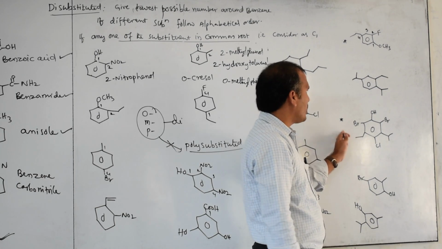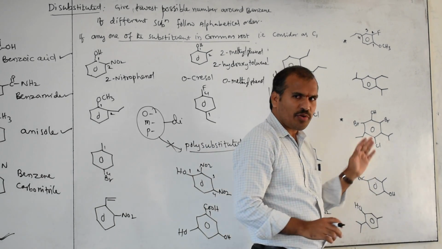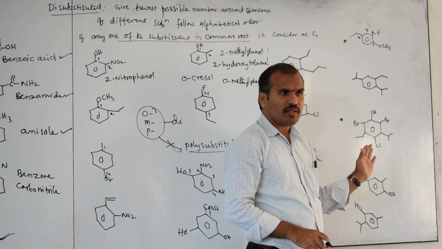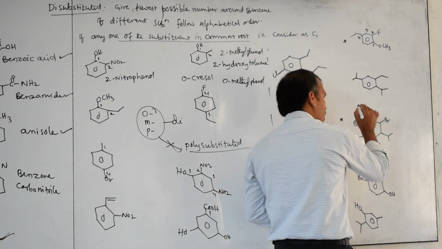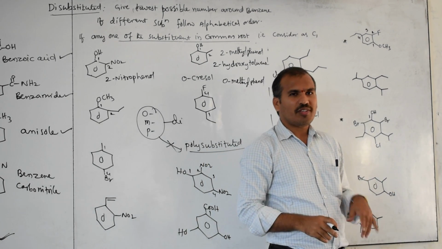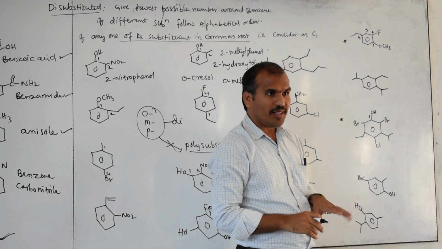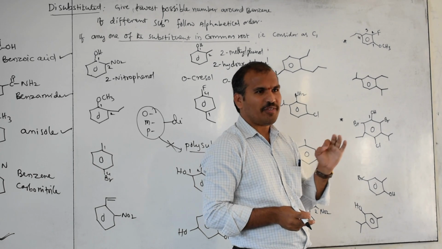Clear? Now come to this one. Is a common root there here? Phenol. Then it should get number 1. Clockwise numbering or anti-clockwise numbering? Then you may get confused. Substituents are present in every position. Then is the direction the same or not? This is a very beautiful example.